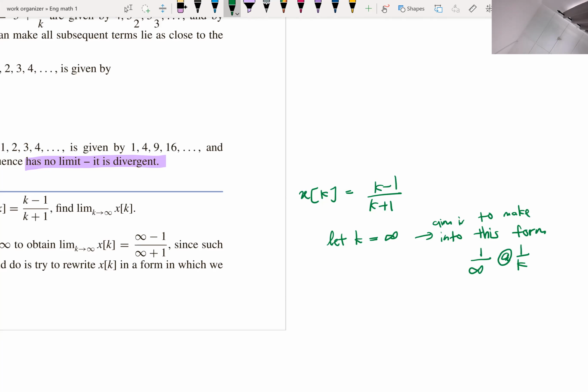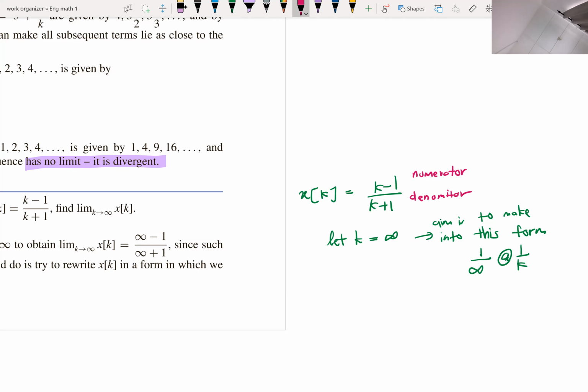This is the numerator and this is the denominator, so we have to do them one by one.